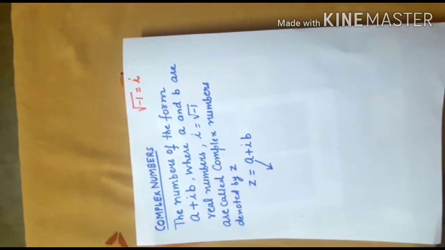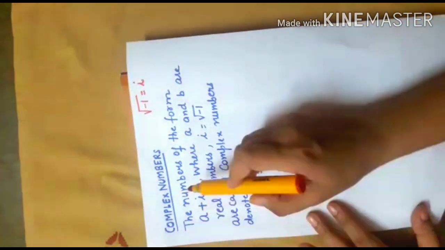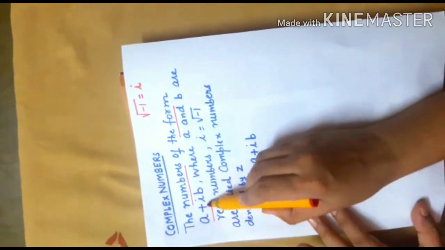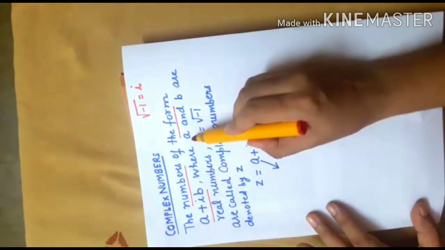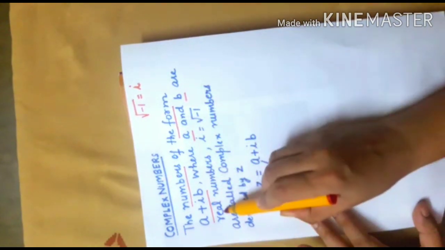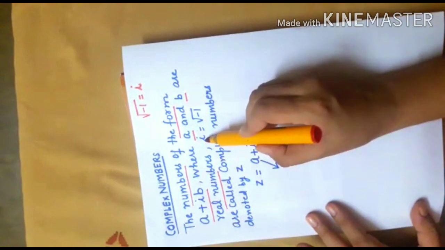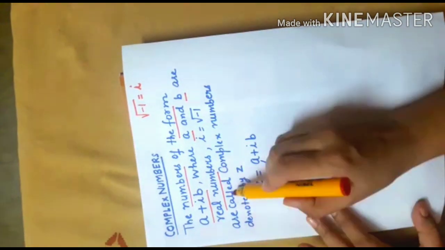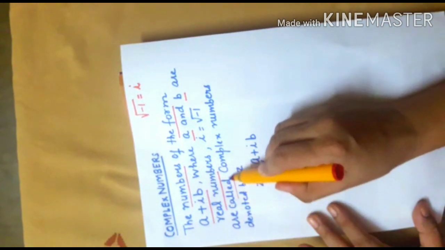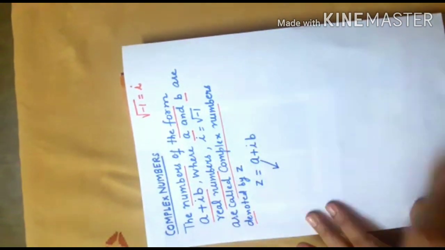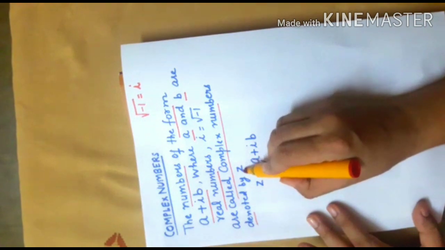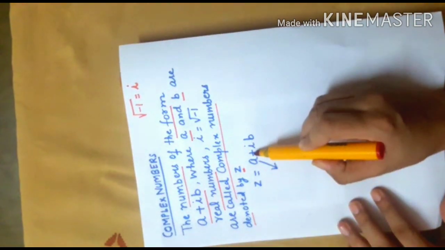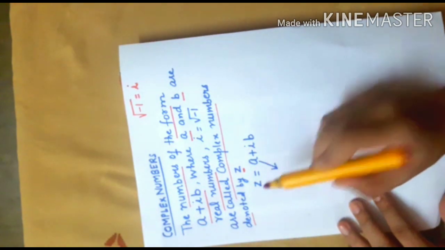Now we define complex numbers. Yes, the numbers of the form a plus iota b, where a and b are real numbers and iota is equal to the square root of minus 1. Such numbers are called as complex numbers, and they are denoted by z. So complex number a plus iota b is denoted by z.